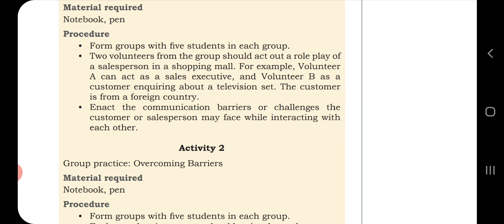So you have to think about this situation and write a conversation between a seller and a buyer of a TV set. Enact the communication barriers or challenges the customer or salesperson may face while interacting with each other. While writing, you have to consider that there will be few communication barriers as the people are from different countries, and in that manner you have to write your conversation.